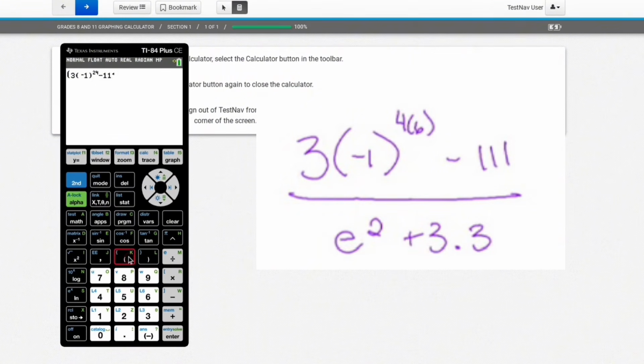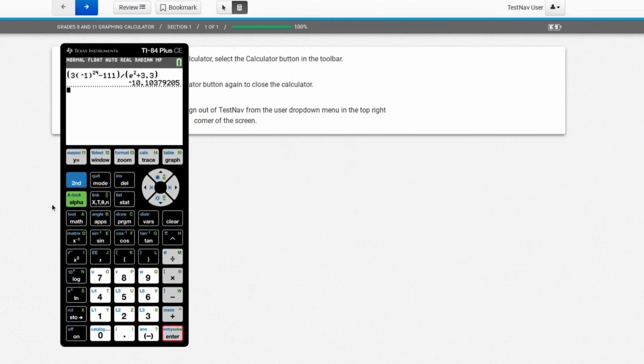Divided by, open parentheses, e squared, so let's do this again, second ln squared, plus 3.3, close it, and we get -10.1037, so -10.104. So let's go back and select that one.